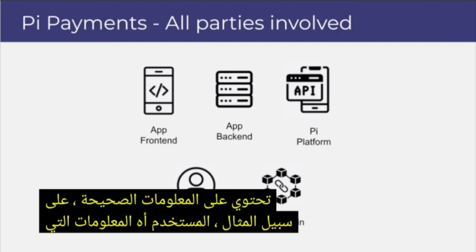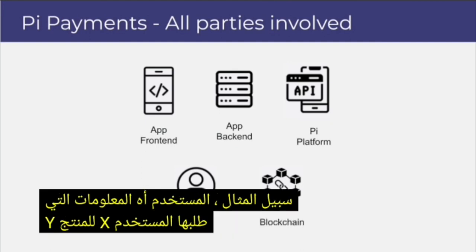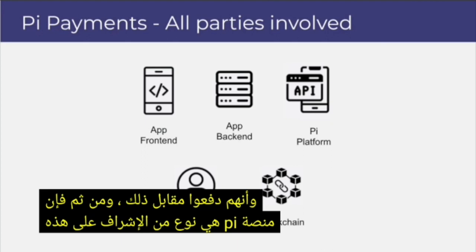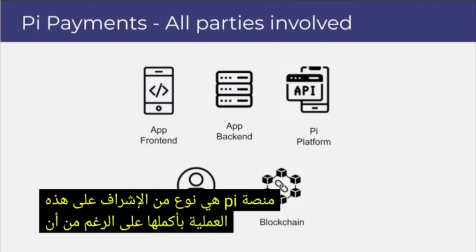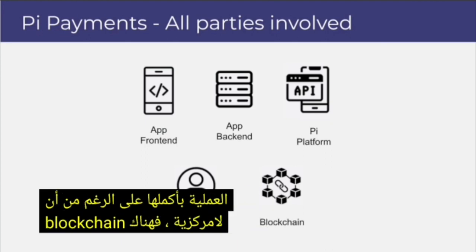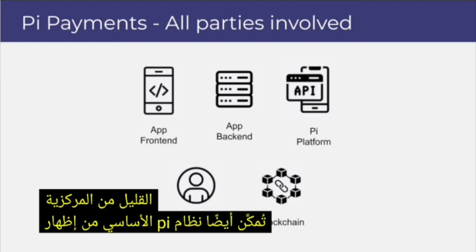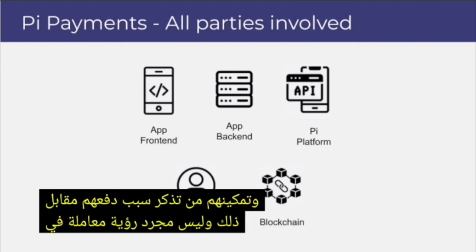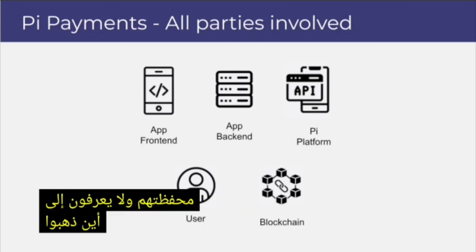So for example, the information that user X has ordered product Y and that they have paid for it. And then the Pi platform is overseeing that entire process. Even though the blockchain is decentralized, there is a little bit of a centralized layer, which is also enabling the Pi platform to show some nice UI to the user, enabling them to remember why they paid for it and not just see a transaction in their wallet and not know where it went.